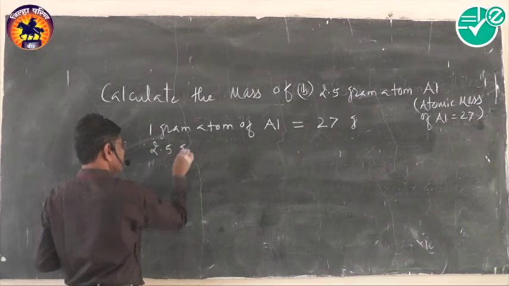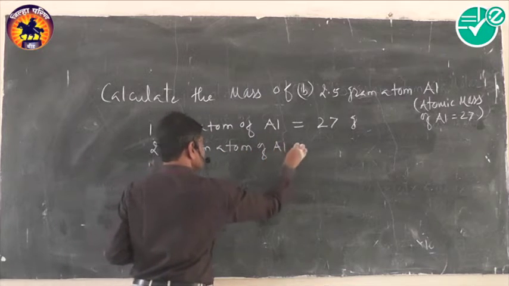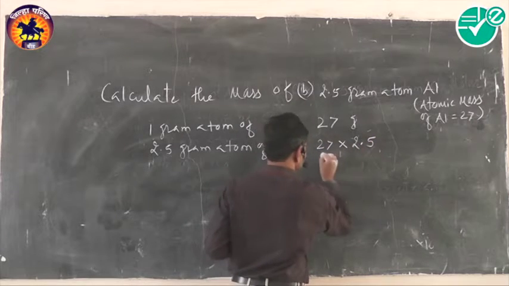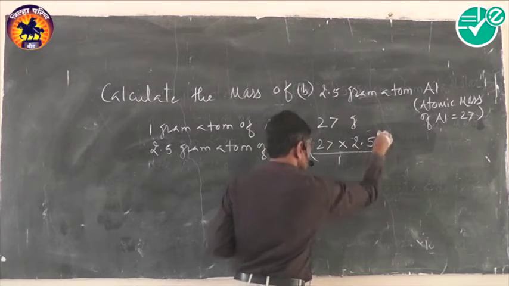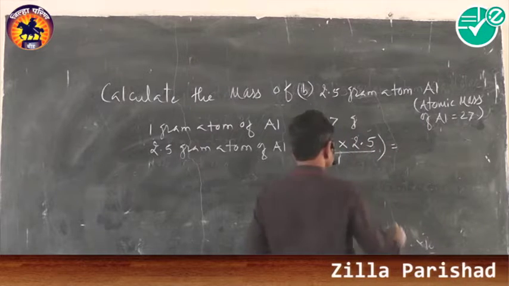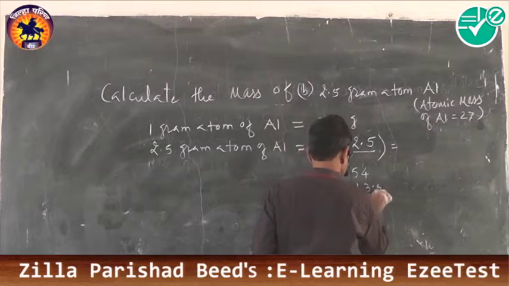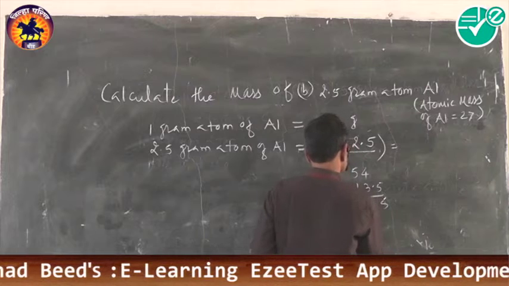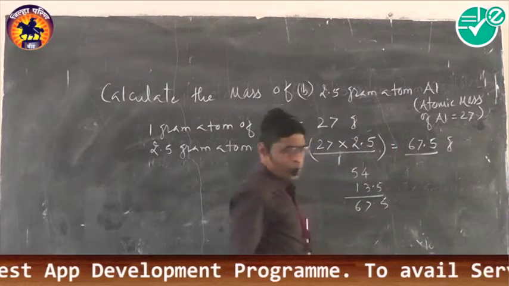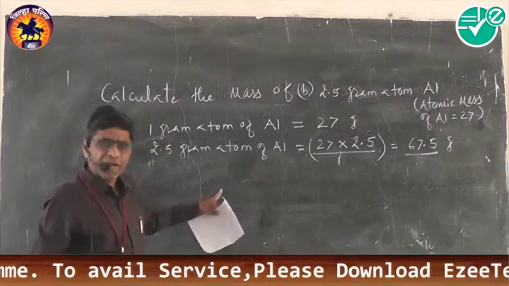Then 2.5 gram atom of aluminium corresponds to 27 multiplied by 2.5 divided by 1, which is equal to 67.5. And so 67.5 is the mass of 2.5 gram atom of aluminium.